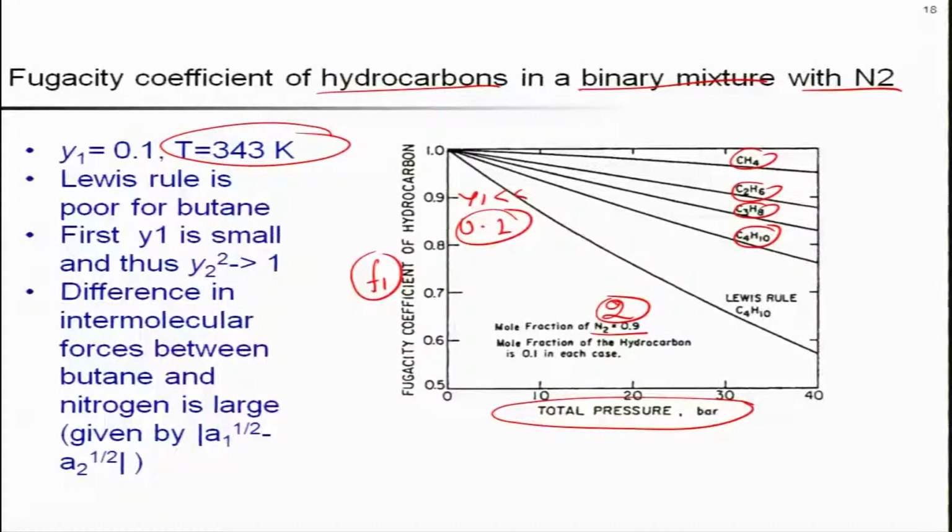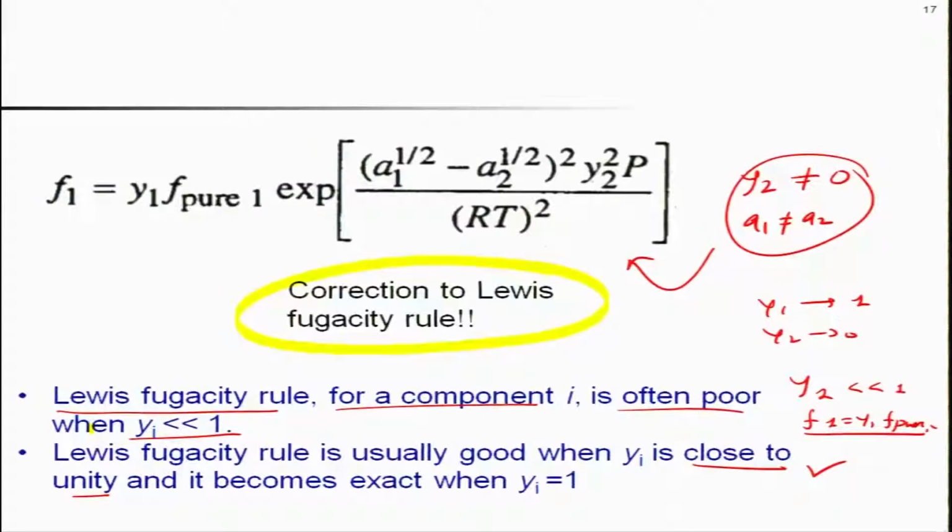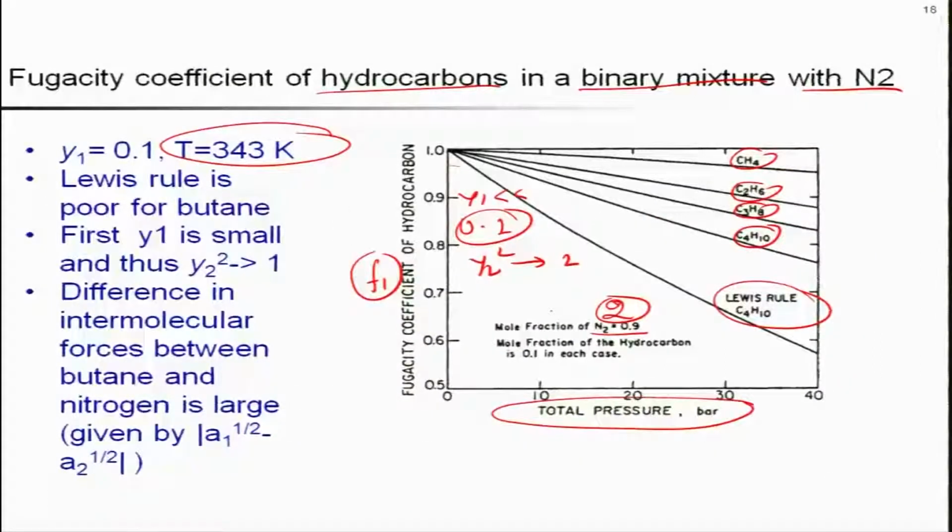If you look at this, this is the actual fugacity coefficient as a function of total pressure, but this is the one from the Lewis rule, and thus it is very clear that in this condition, since y1 is much less than 1 and y2 squared is closer to 1, because y2 squared is part of this term, or y2 is closer to 1, this rule cannot be applied, and this deviates from the actual value.